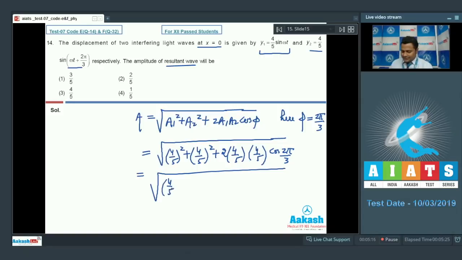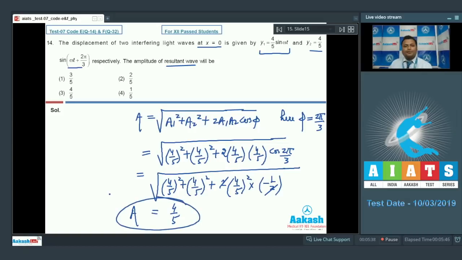So (4/5) squared plus (4/5) squared plus 2 times (4/5) squared multiplied by cos 2 pi by 3, which gives minus 1 by 2. After solving, you will get the amplitude of the resultant wave as 4/5. So after looking at the options, we can say that we will have to go with option number 3, which is absolutely correct. Now let us proceed to the next question, that is question number 15.